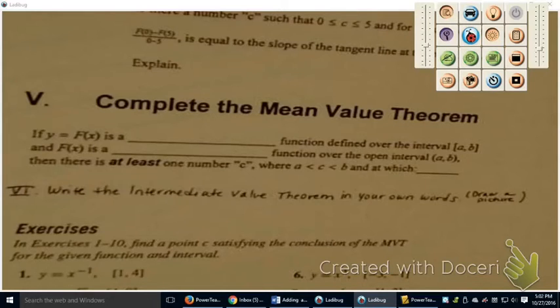The mean value theorem says that if you have a function that is differentiable and it's also continuous, then there's one number c between a and b at which the derivative at c equals the slope between a and b.